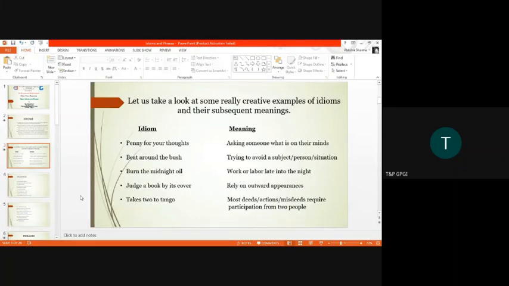Beat around the bush is when a person tries to avoid a particular situation, subject, or topic. For example, I am saying this to my students: don't beat around the bush and tell me what happened to your homework.